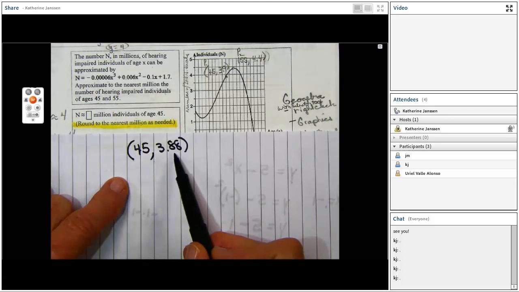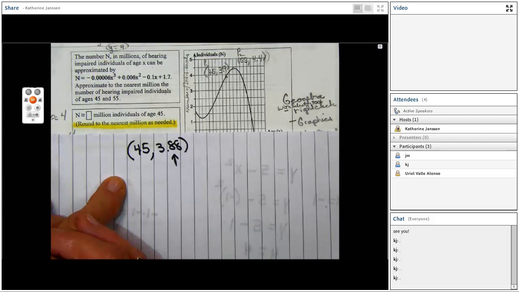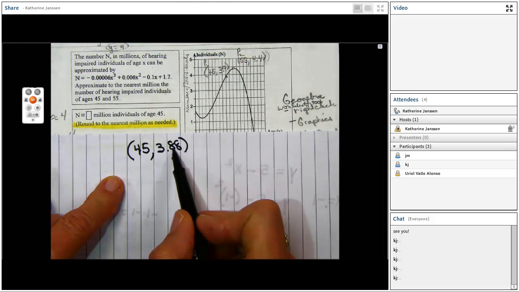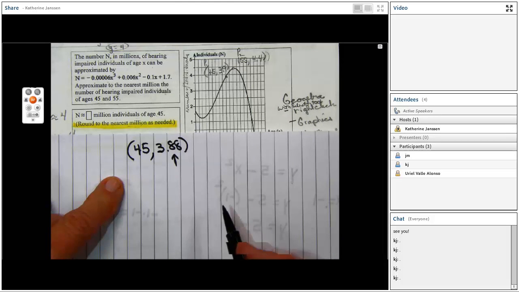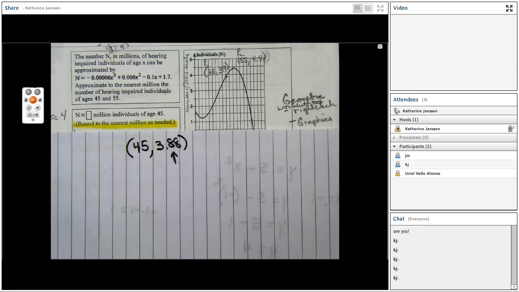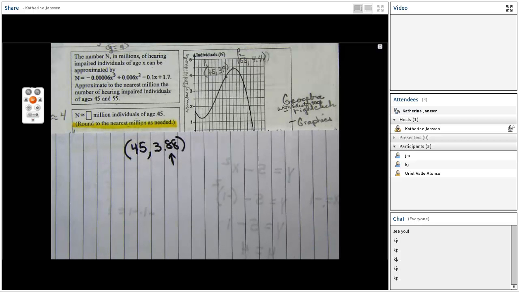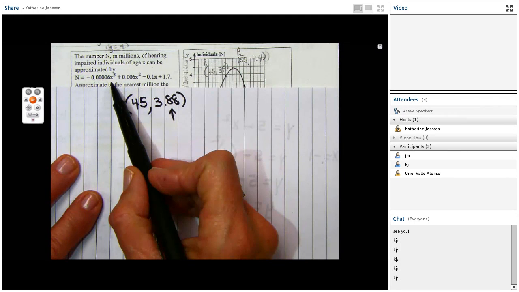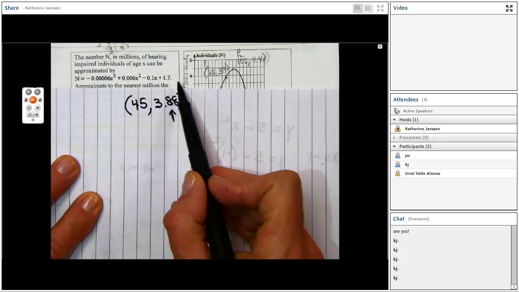So rounding to the nearest million would be 4. It's 5 or greater, so we're going to round up. So our answer is 4. So using GeoGebra to graph and hone in on a particular area, or you could have solved this by substituting 45 in for x and solved it algebraically.